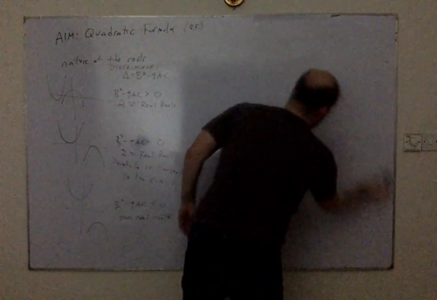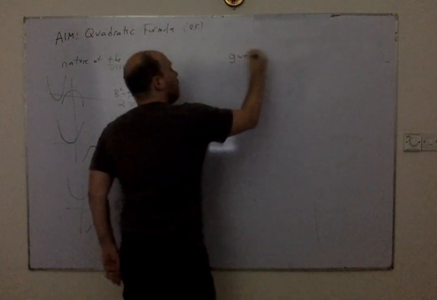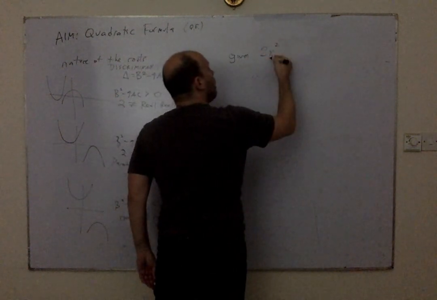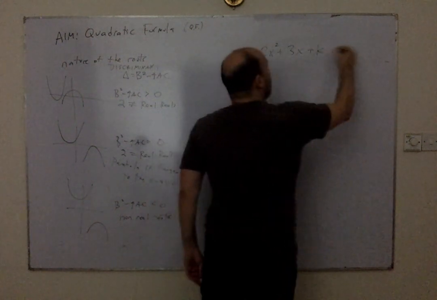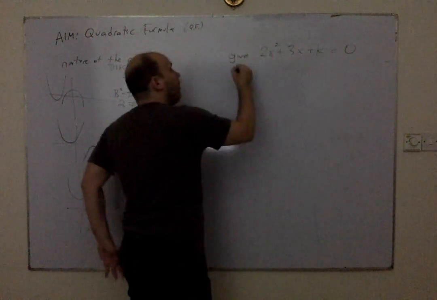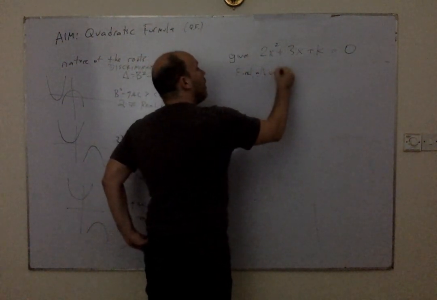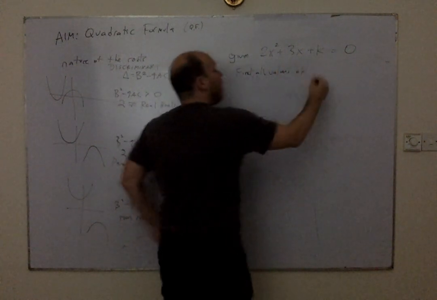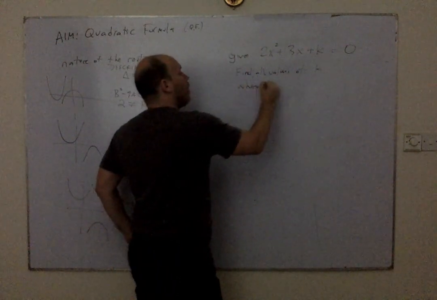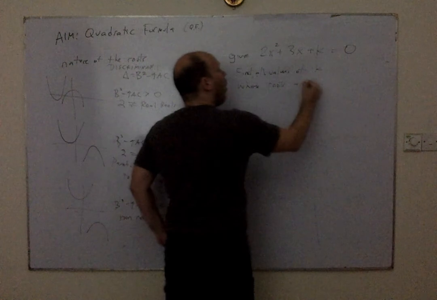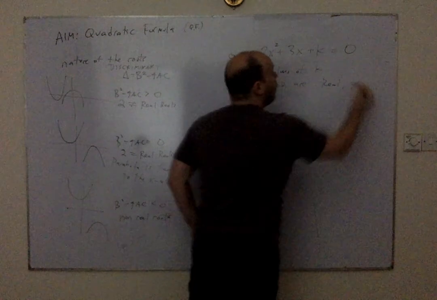They're going to say, given 2x squared plus 3x minus k plus k equals 0, find all values of k where the roots are real and not equal.